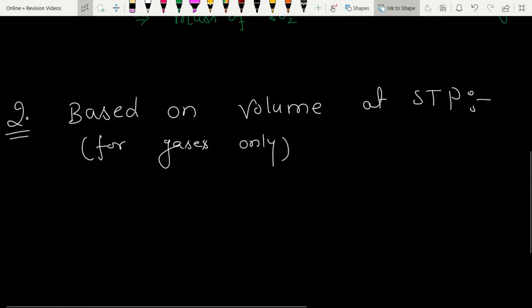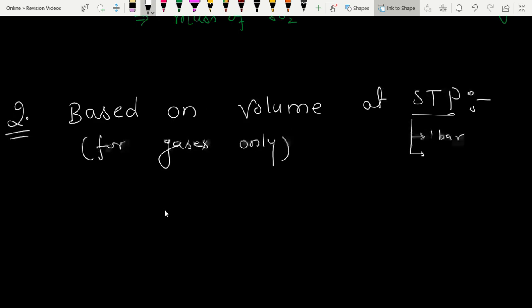STP is standard temperature and pressure. It is basically 1 bar pressure and 273 Kelvin temperature. Earlier it used to be taken as 1 atm pressure and 273 Kelvin temperature, but now it is taken as 1 bar and 273 Kelvin.